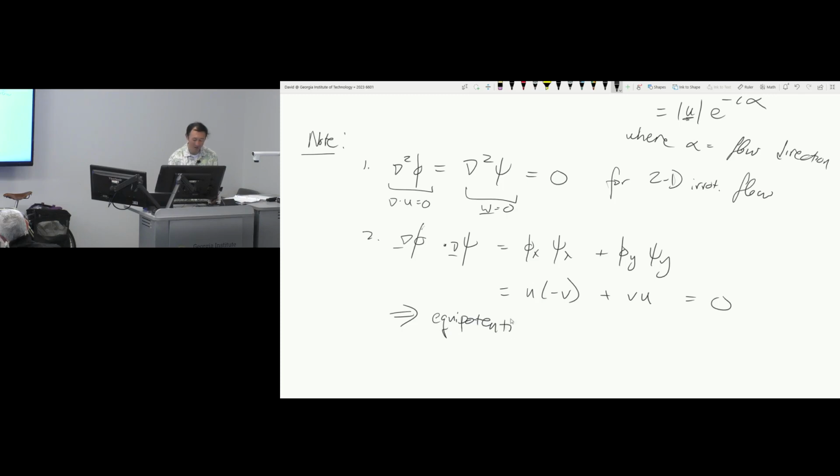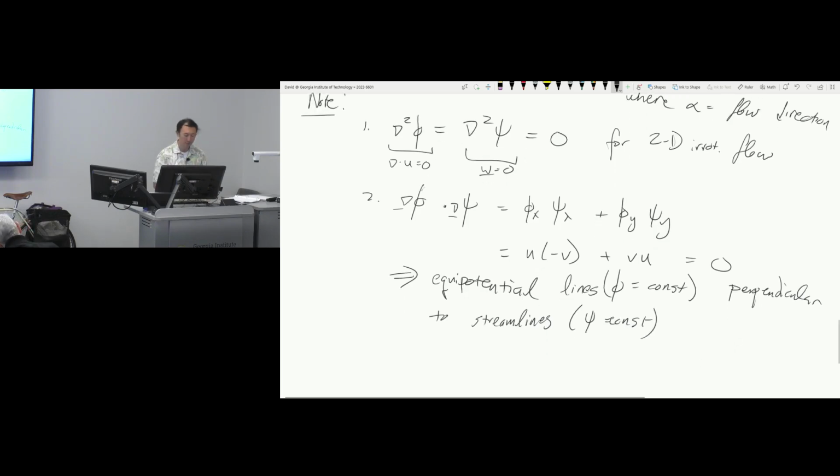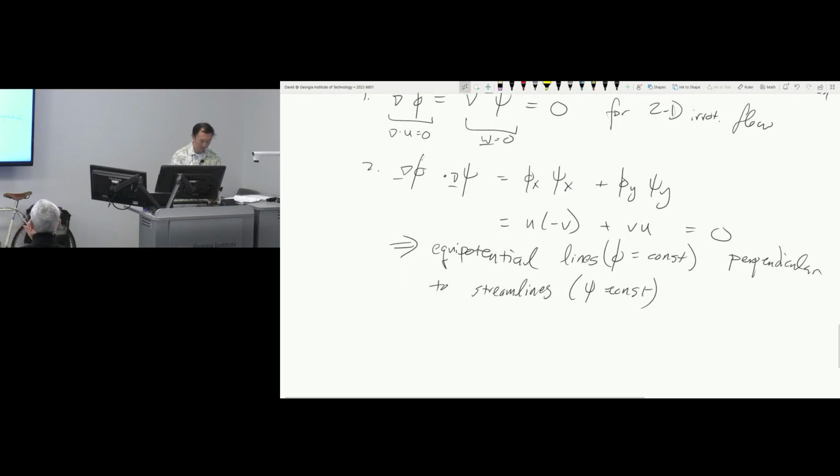Lines of constant phi, that's a mouthful, people call them equipotential lines. So phi equal to constant is perpendicular to streamlines, psi equal to constant.